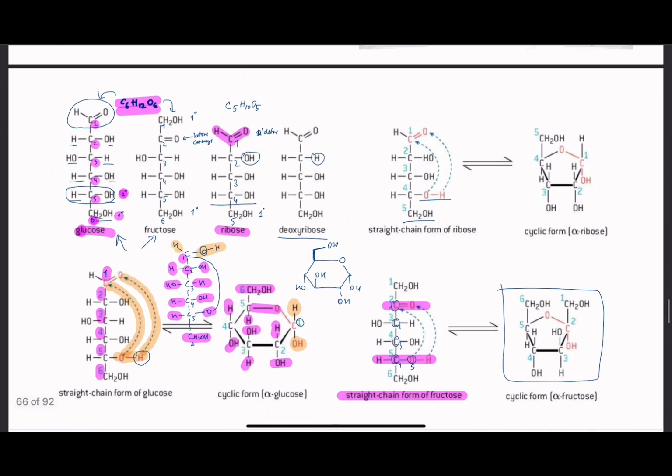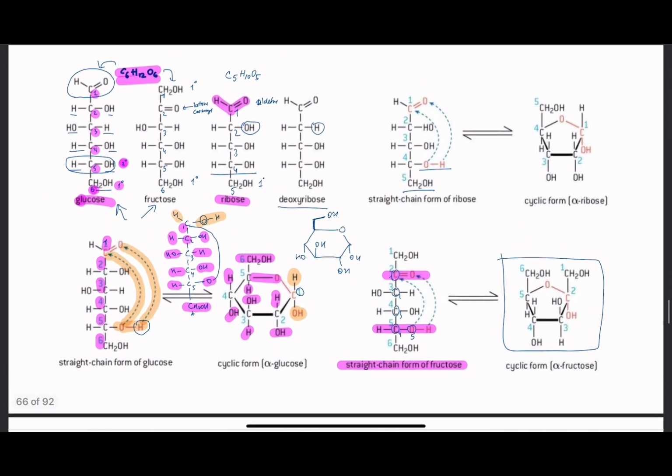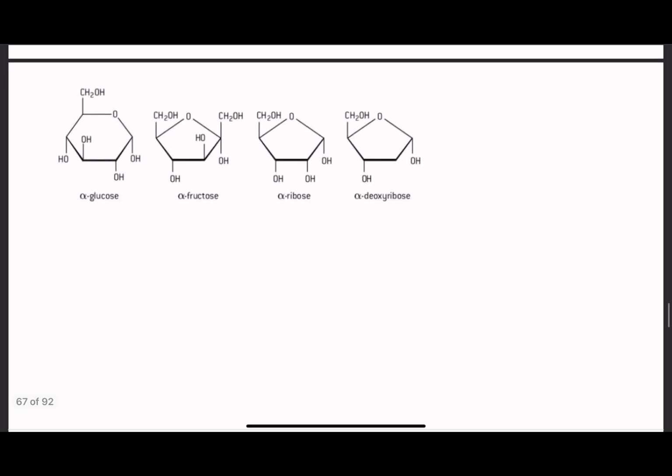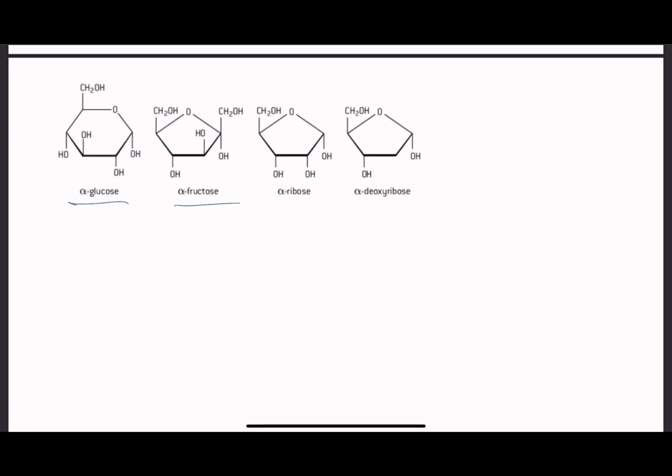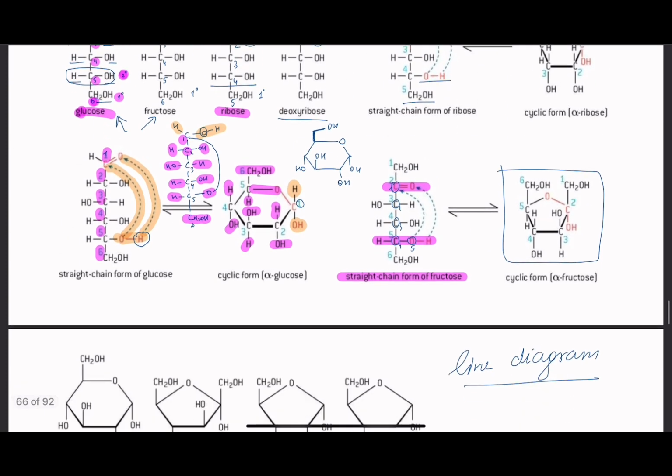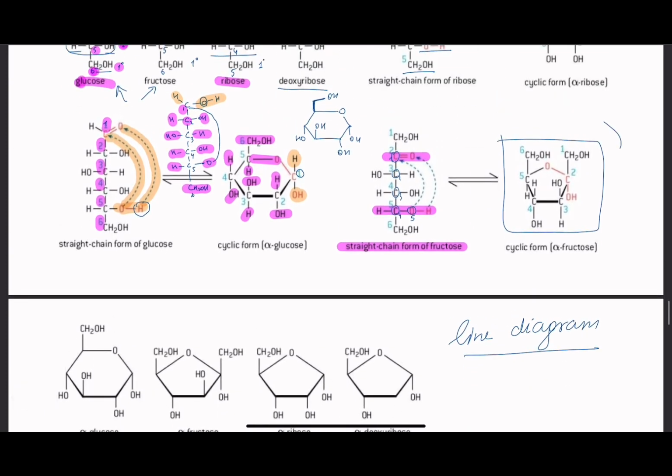So I would recommend you to practice this. This is going to help you to write the structures. So I've got the glucose, fructose, ribose in here. These are the line diagrams, okay? Once you have your structure, you can compare it with them. You can just turn these shapes around.